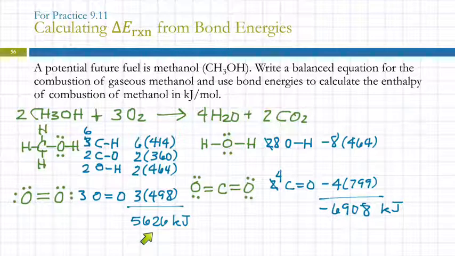So you're spending this much, but you're selling this much. You add those two together, and that tells you whether you owe the store or they owe you, right? So we've got the negative 6908 plus the 5626. So we're going to add those two together, and we get negative 1282.